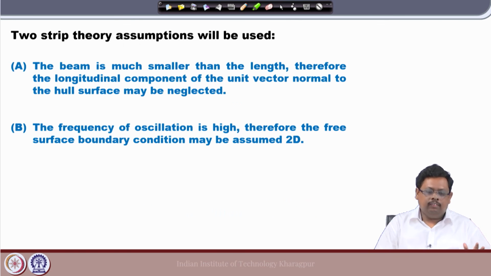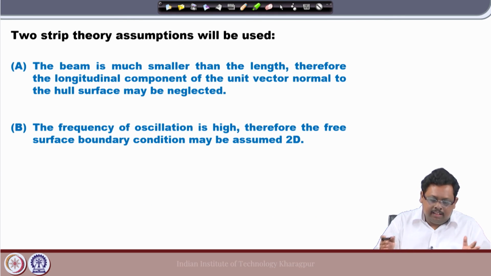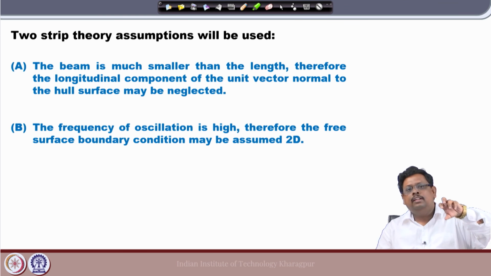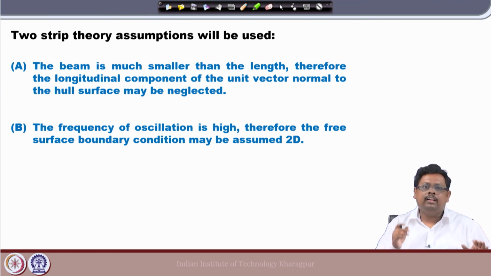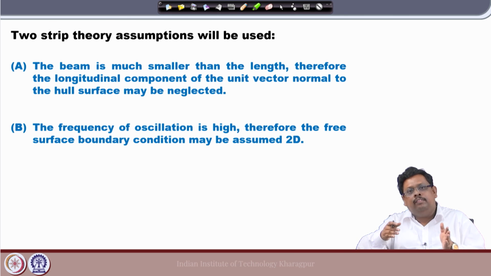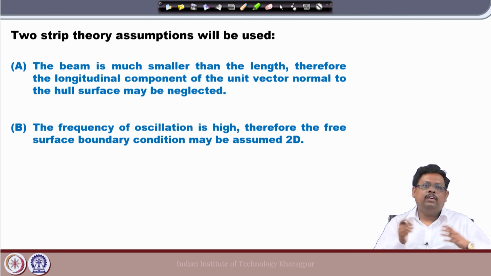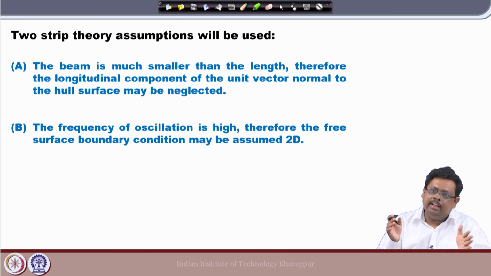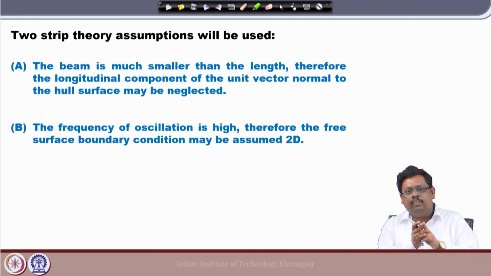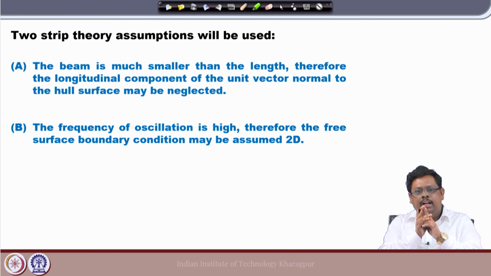Okay. So, in this class we normally focus on two major assumptions. One is the beam is much smaller compared to the length. Therefore, the longitudinal component of the unit vector normal to the hull surface may be neglected. And the second, the frequency of oscillation is high. Therefore, the free surface boundary condition may be assumed 2D.